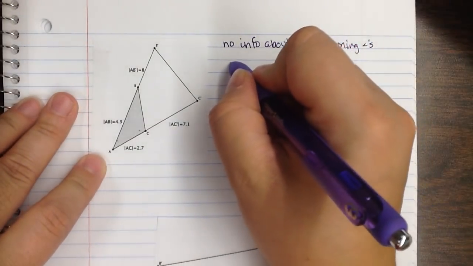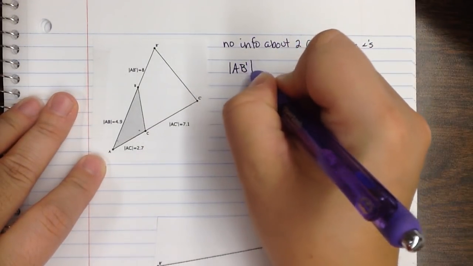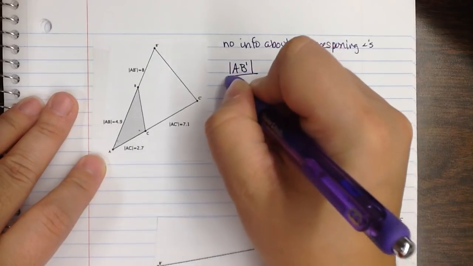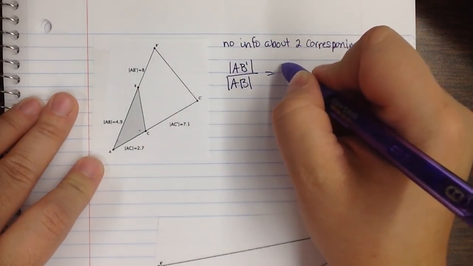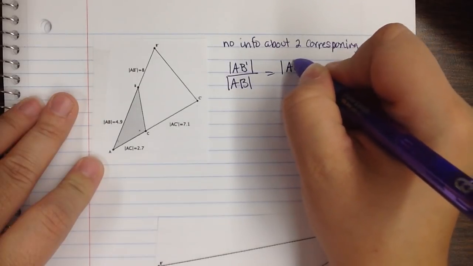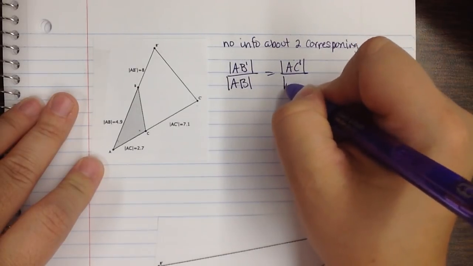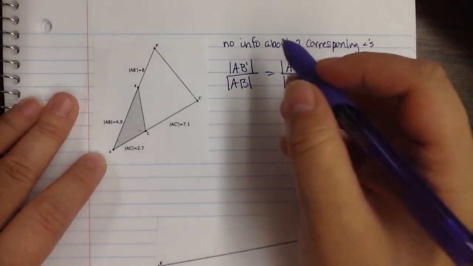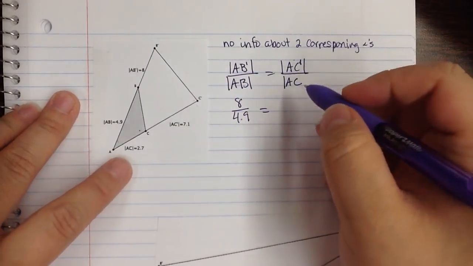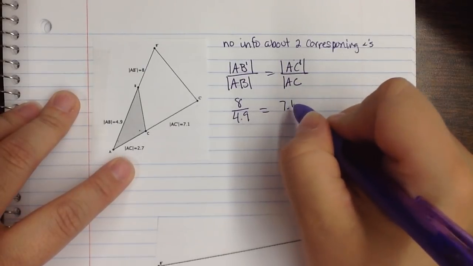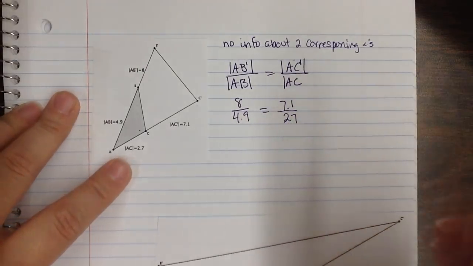I'm going to say the distance from A to B' compared to the distance from A to B, and we want to see if it's equal to the distance from A to C' compared to the distance from A to C. So 8 over 4.9, does that equal 7.1 over 2.7?